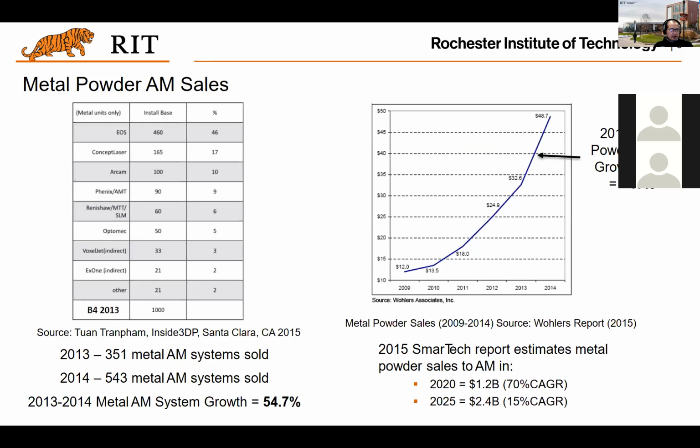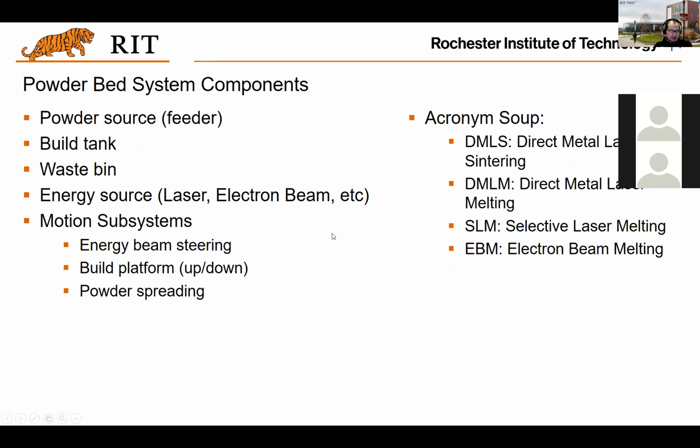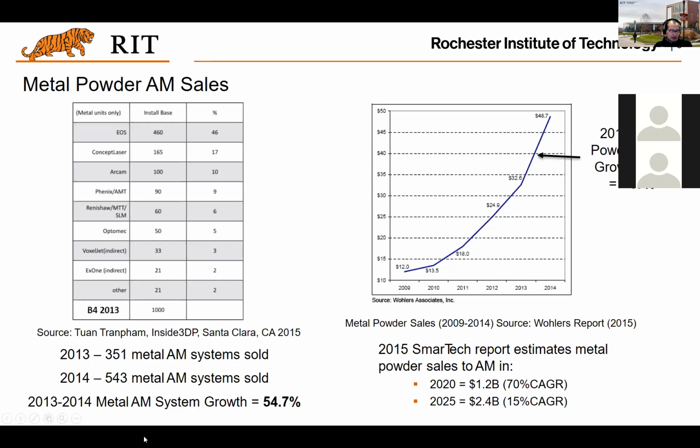And you can see a dramatic increase in metal printing. Actually, it's the metal powder sales. And that indicates there is an increase in the consumption of metal powder, and also the increasing popularity of the powder-based printing process and machines.